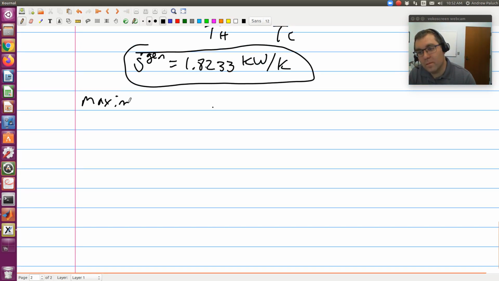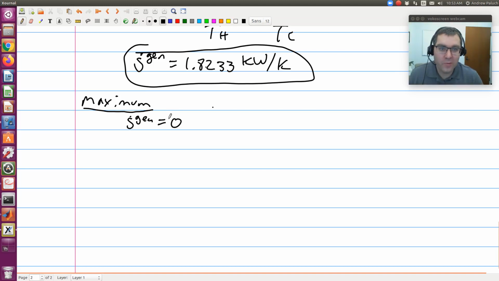And so what we're going to find is that the maximum amount of work produced is going to happen when Sgen is equal to 0. When we have a reversible process, when the entropy generation is 0, that's when the net work produced is going to be a max.